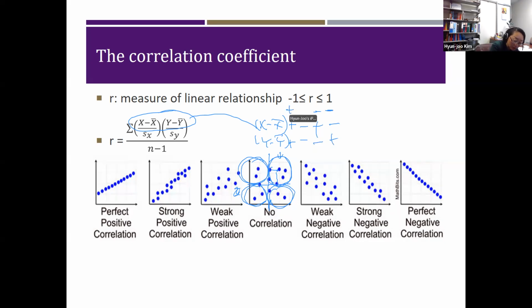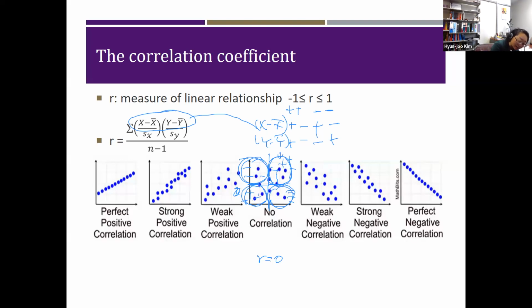So if you look at these four different sides, once you multiply, there are a whole bunch of positive values here and here, and a whole bunch of negative values here and here. If you add a whole bunch of positive values and a whole bunch of negative values, you're going to have something like zero, right? And if you add all those up, it will be close to zero. So for this case, your R will be very close to zero.